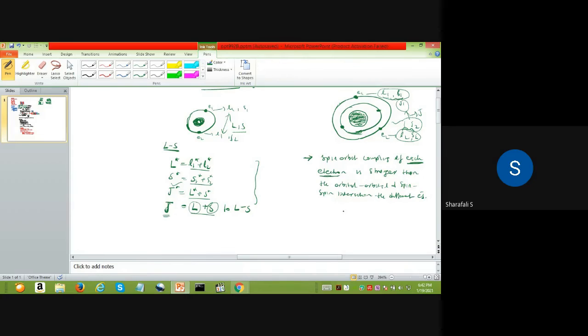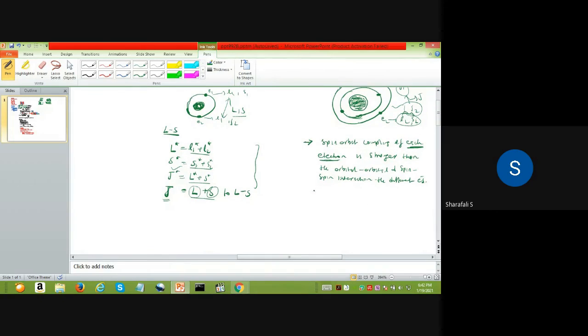For example, if you consider p states, let's consider the 2p1 case. So for the 2p1 state, if you consider JJ coupling, then we have L1 equal to 1, S1 equal to half.